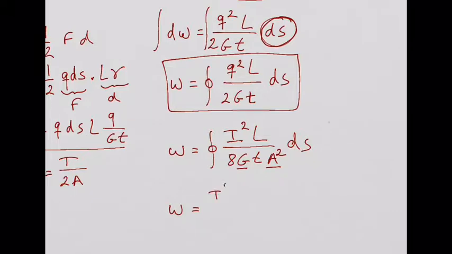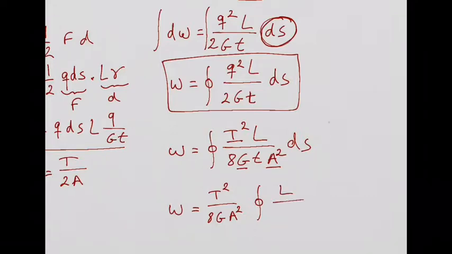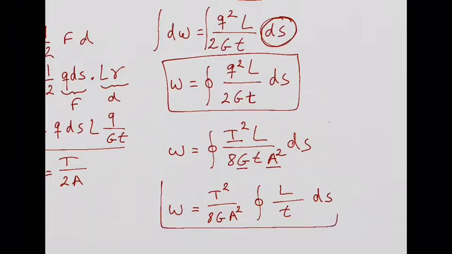So we'll have T squared over 8 G A squared, and then contour integral of L over T ds. Okay? We can keep also this expression.